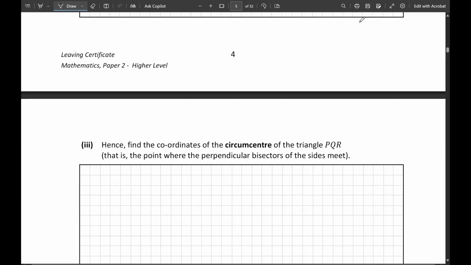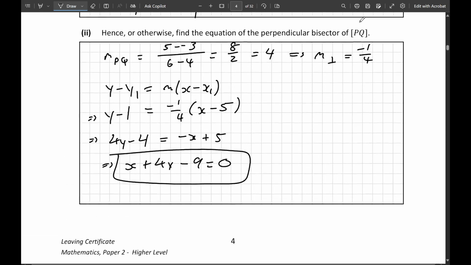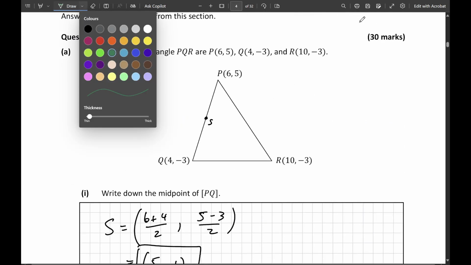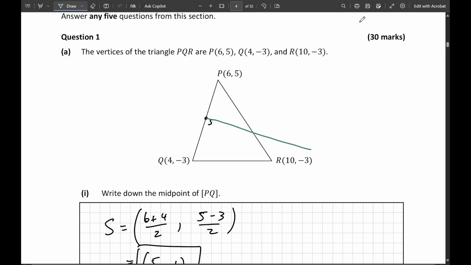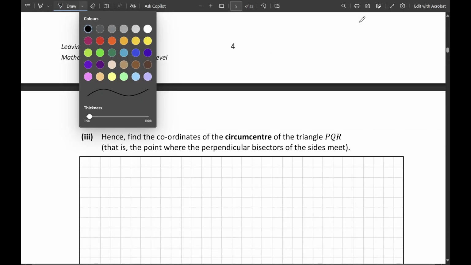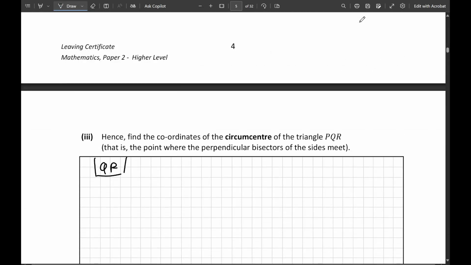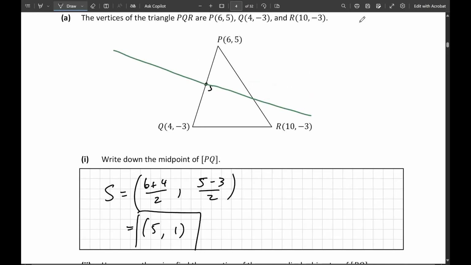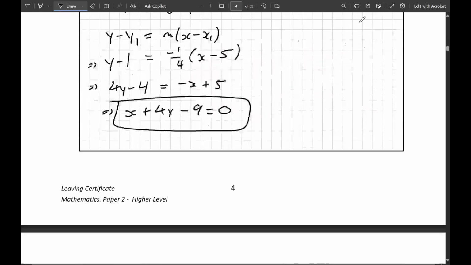Hence, find the coordinates of the circumcenter of PQR, that is, the point where the perpendicular bisectors of the sides meet. Okay. So effectively what we have so far is this line going like that. So now I'll do QR as the side to pick next. So the midpoint, which for the sake of being consistent, I'm going to call T. So it'll be 10 plus 4 over 2.